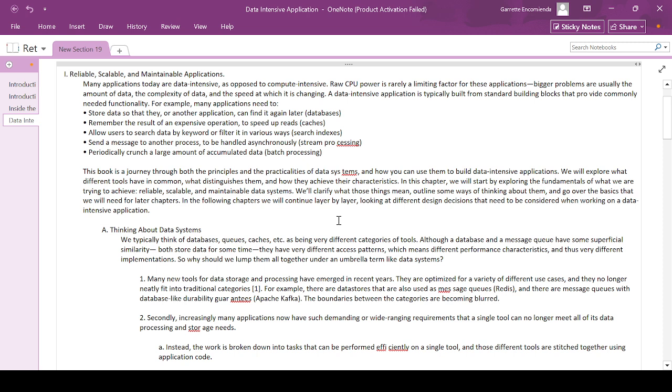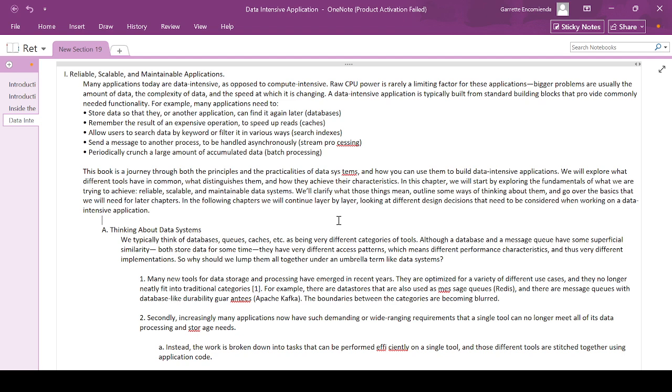This book is a journey through both the principles and the practicalities of data systems and how you can use them to build data-intensive applications. We will explore what different tools have in common, what distinguishes them, and how they achieve their characteristics. In this chapter, we will start by exploring the fundamentals of what we are trying to achieve: reliable, scalable, and maintainable data systems.